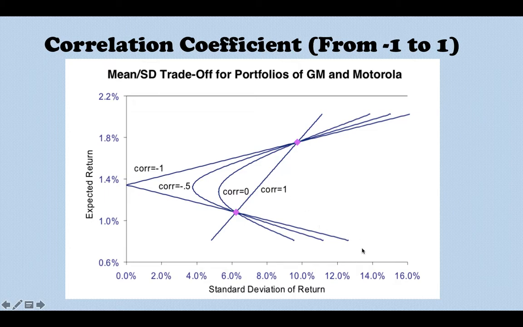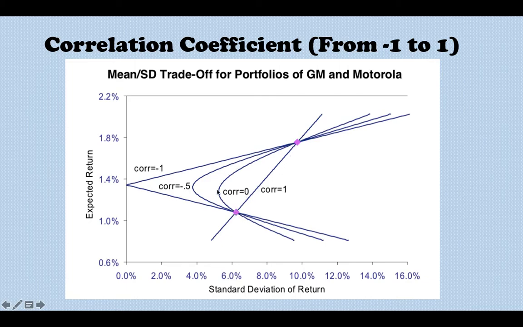This is a graph from an MIT financial class lecture. It shows perfectly correlated stocks, with a correlation coefficient equal to 1. What that means is that if they are perfectly correlated, you can only reduce the risk while reducing the return as well.